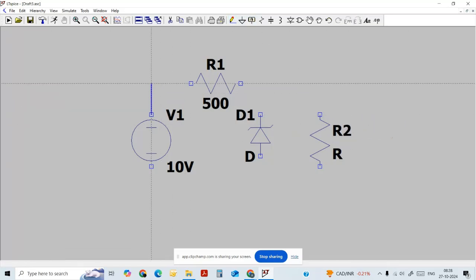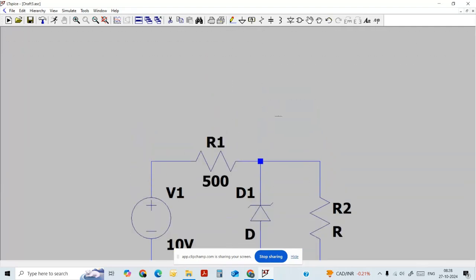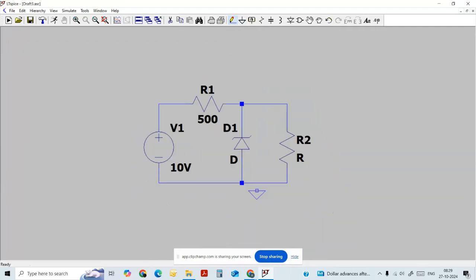Let us connect together. Positive supply is connected to the R1 and the other terminal of the R1 is connected to the load and also the VZ. Connect the ground, and let's connect ground.